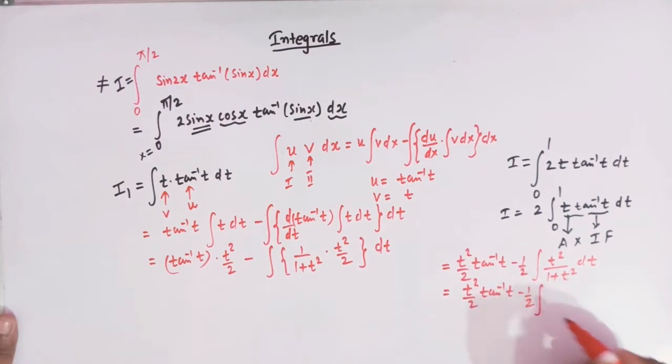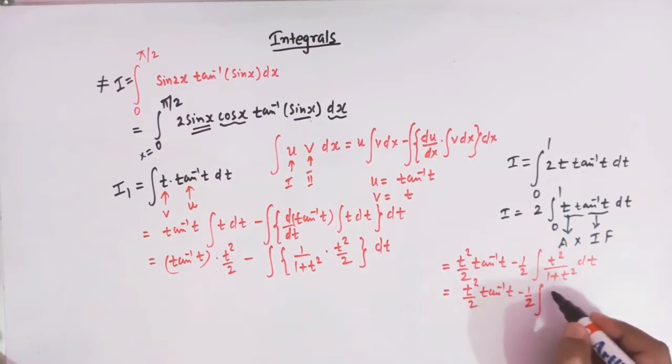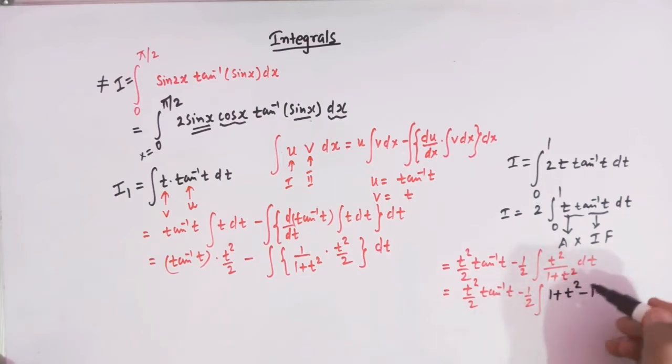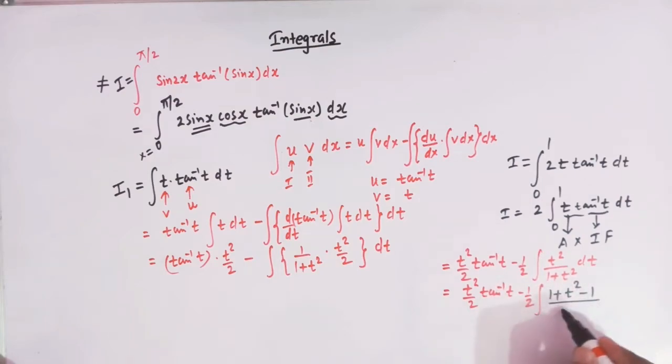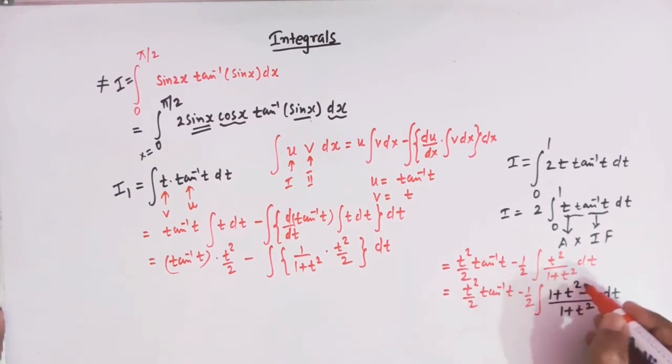What we will do is write this term t square as 1 plus t square minus 1, because this one and this one get cancelled, and we are again left with t square. So here we have t square and dt. Now we'll break this integral from this point.